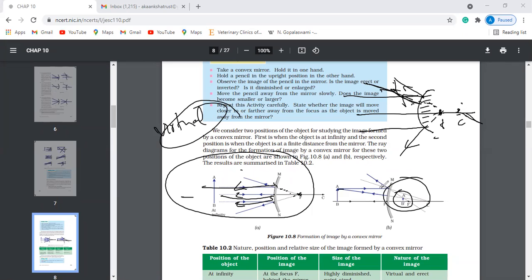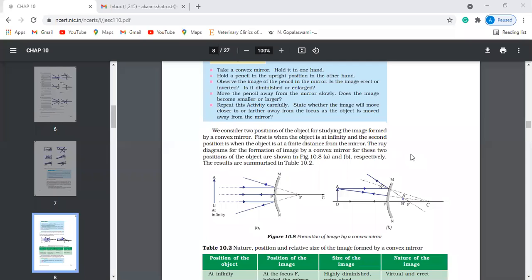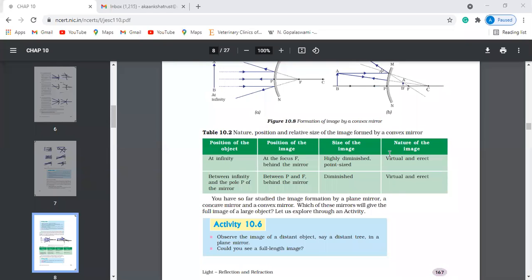So what does it mean in both the cases? In all the cases in a convex mirror, you will get a virtual image. You will not get any real image. See here, see the point table here. They have given virtual and erect, virtual and erect.